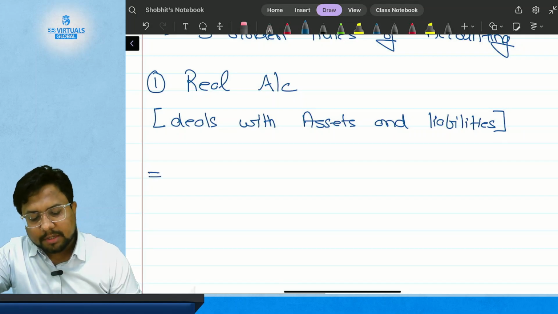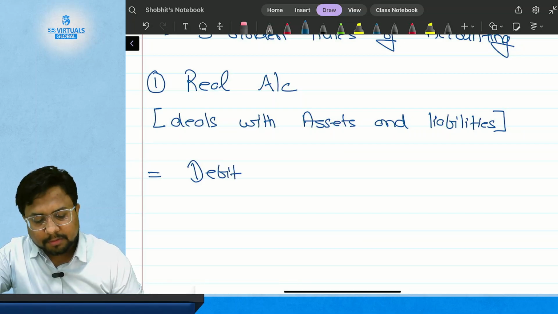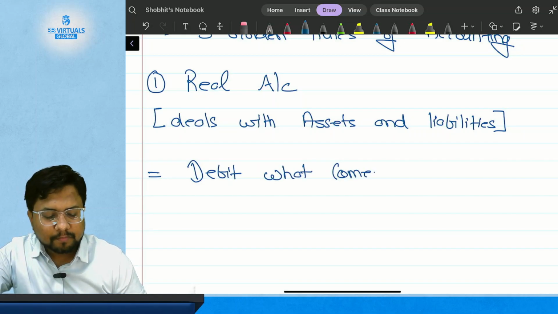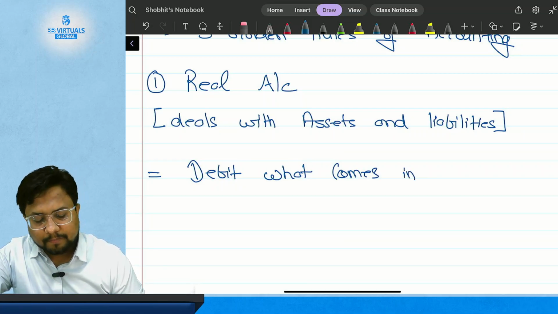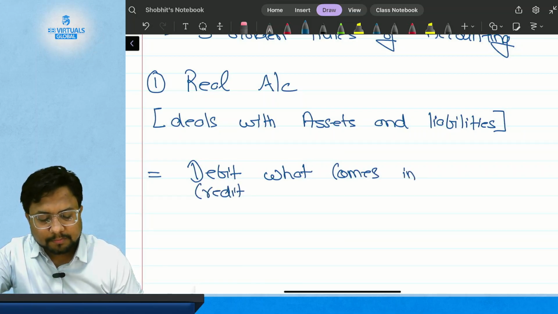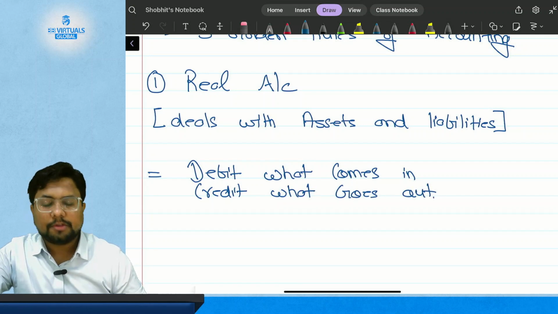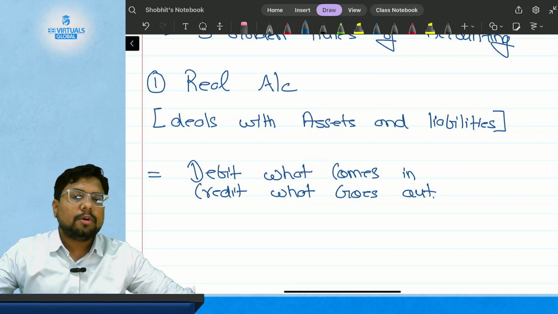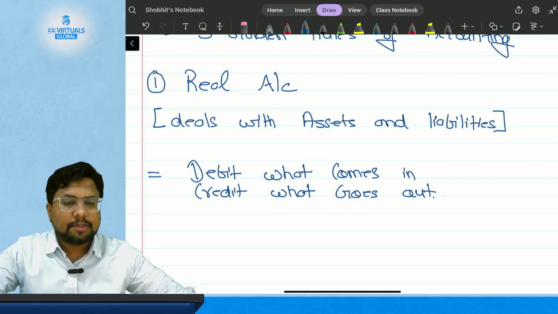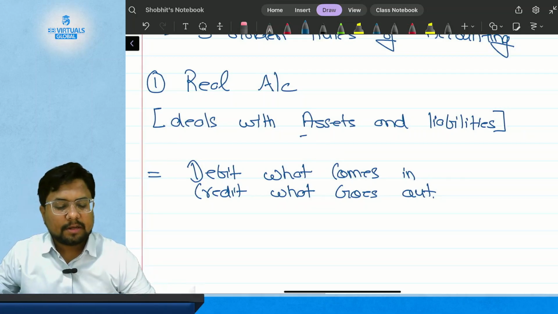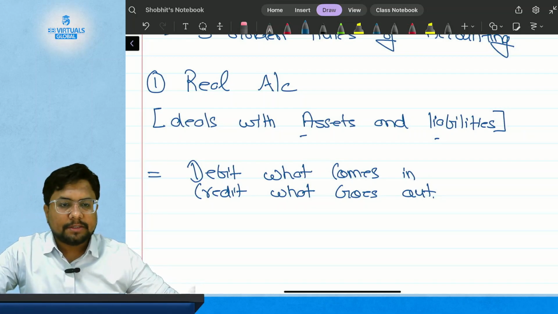The rule is debit what comes in and credit what goes out. So the first golden rule is debit what comes in and credit what goes out, and it is regarding the assets and liabilities.